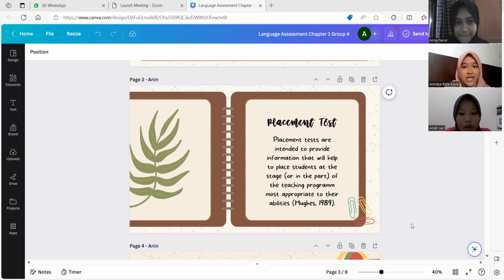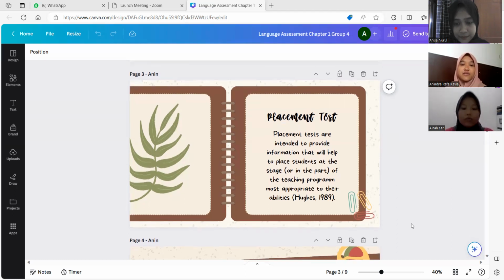Arthur Hughes, in his book Testing for Language Teachers, explained that we can buy a placement test, but he said it is not always appropriate because all schools are not at the same level or in the same situation.